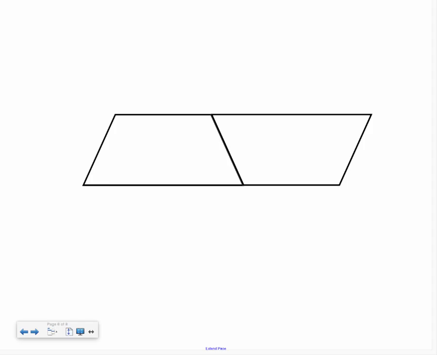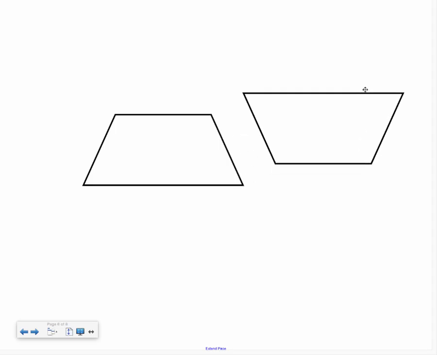Just like the triangle formula comes from the parallelogram formula, so does the trapezoid formula. Notice again, I start with my parallelogram and I can cut it into 2 equal trapezoids.